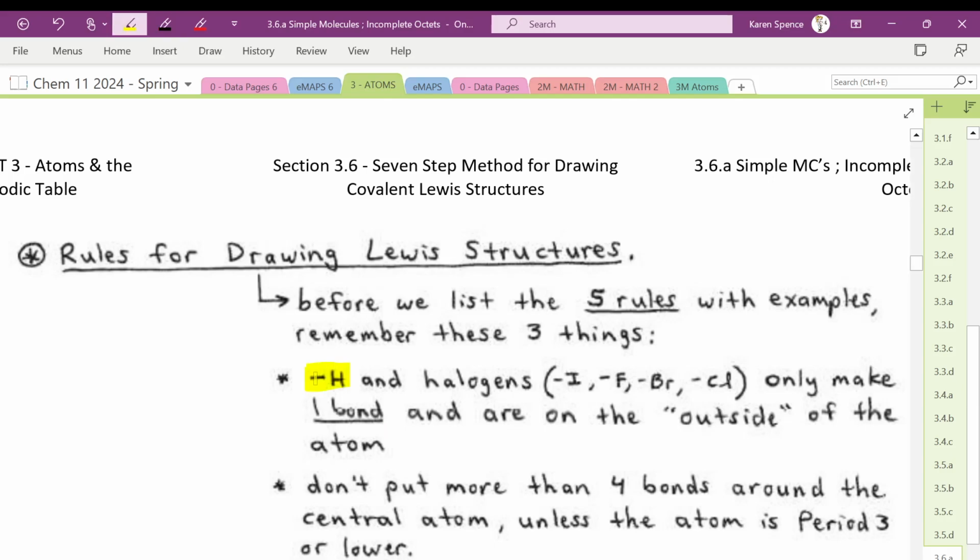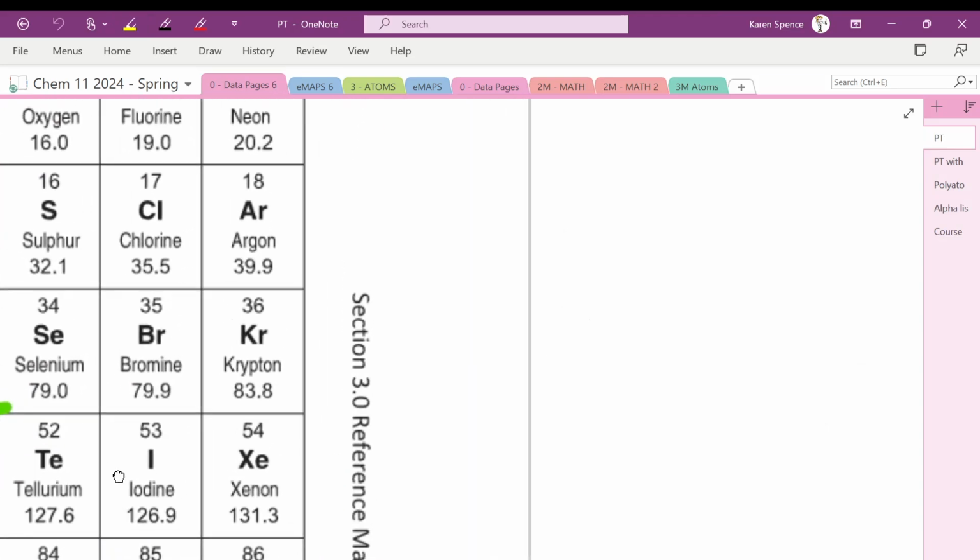So hydrogen, as well as the halogens, could you please tell your partner the names of all the halogens? Feel free to refer to your periodic table. So who are the halogens?